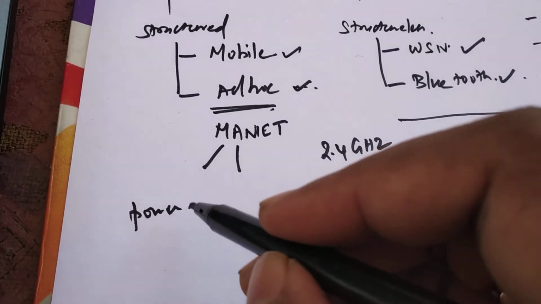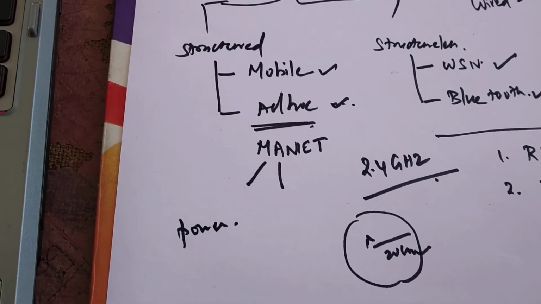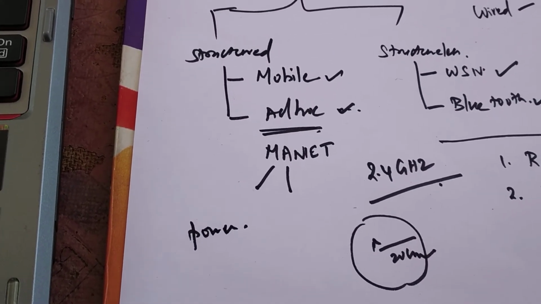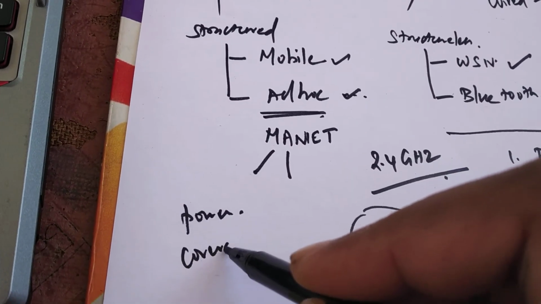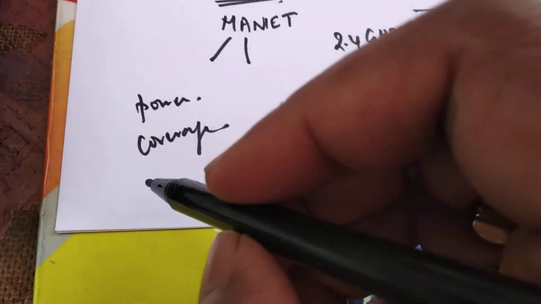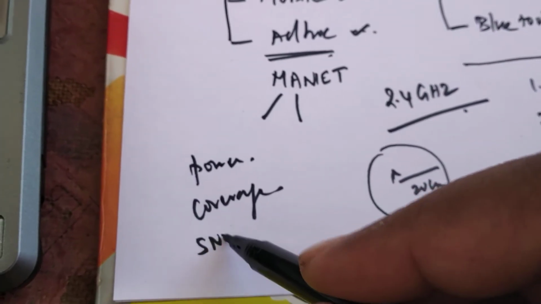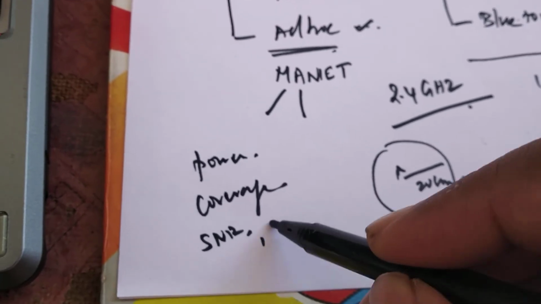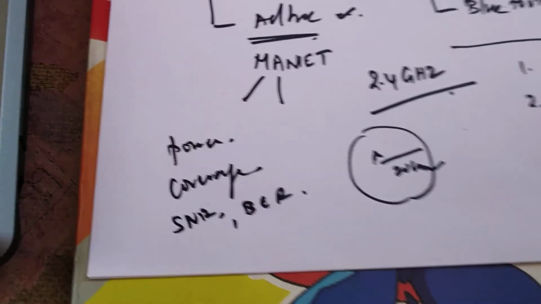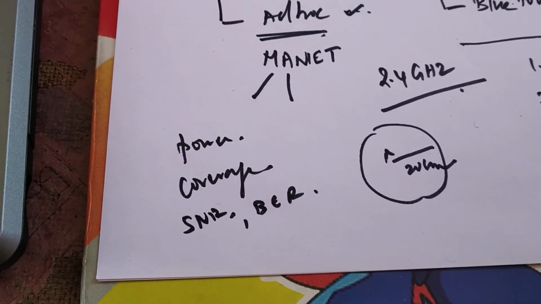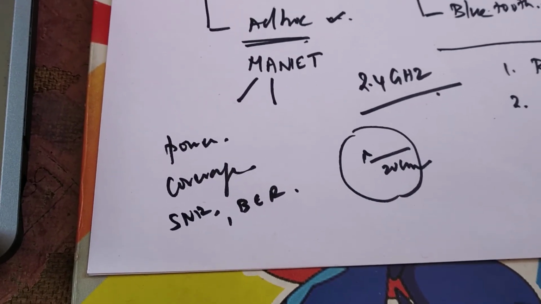I am not talking about the power consumption of the node; I am saying the power transmitted by the access point. The coverage needs to be small. And once again, since we are concerned with data networks, the signal to noise ratio and the bit error rate are the prime concerns relevant to the wireless domain for data transmission.